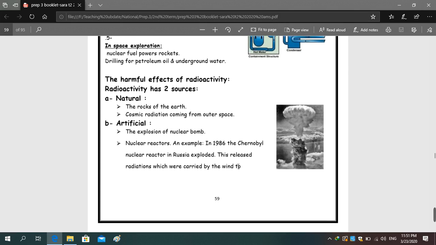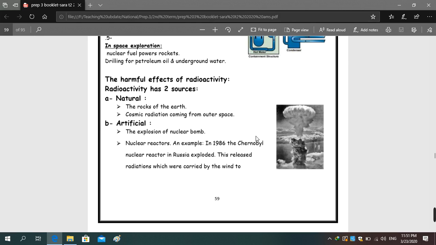The explosion of the Chernobyl nuclear reactor leads to, as you see, a cloud of nuclear radiations and components. This cloud moves to another place, making rains with the radiations. These rains affect the plants and affect animals feeding on these plants.